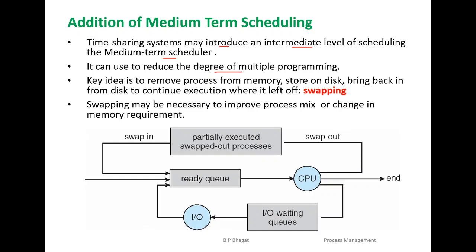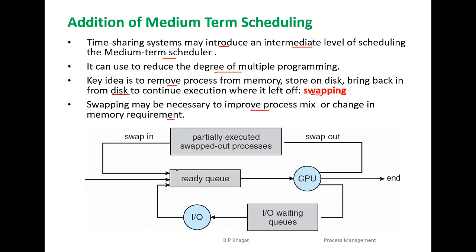The key idea is that it removes processes from main memory, stores them onto the disk for a small amount of time, and brings them back from disk to continue the execution where they left off. The concept is called swapping. Swapping may be necessary in order to improve the process mix or because of a change in memory requirement.